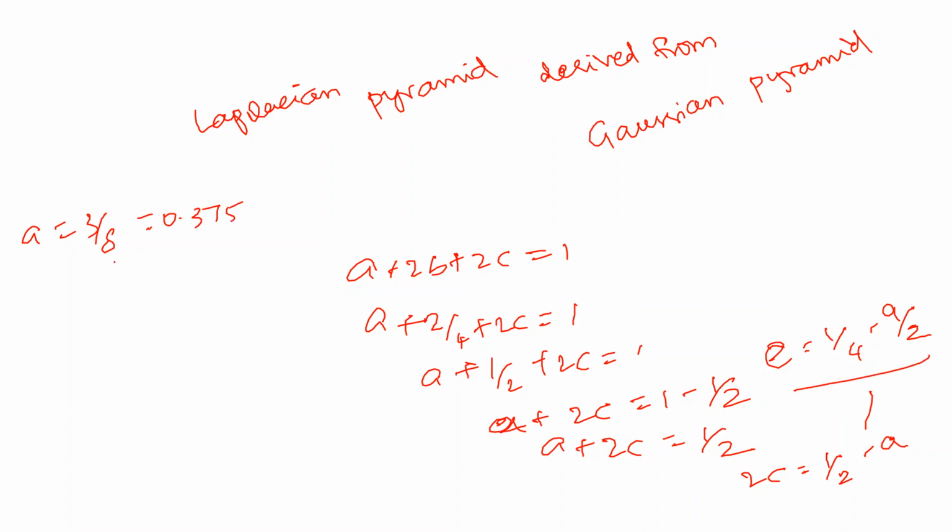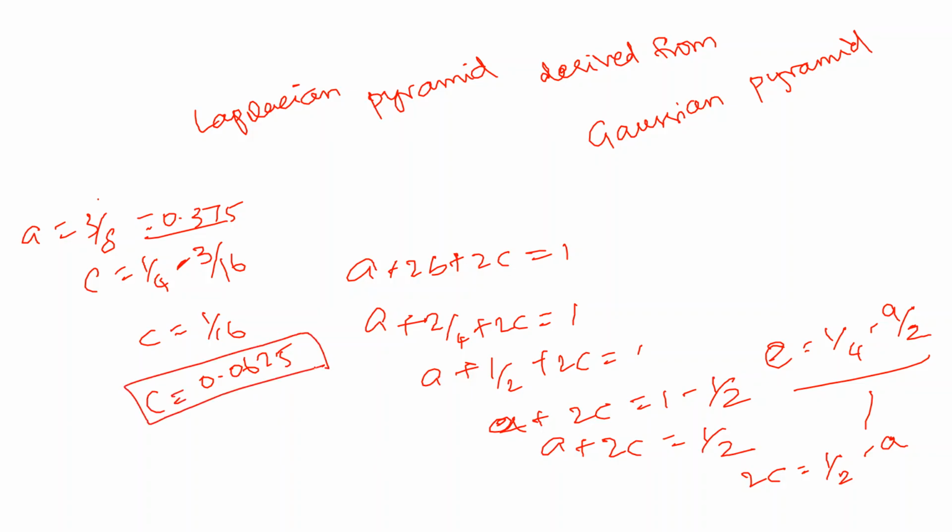On applying in this formula, I'm getting C equal to 1 by 4 minus 3 by 16. So C would be 1 by 16. The value is 0.0625. So the value C is 0.0625, value A is 0.375, and value B is 1 by 4, so it is 0.25.